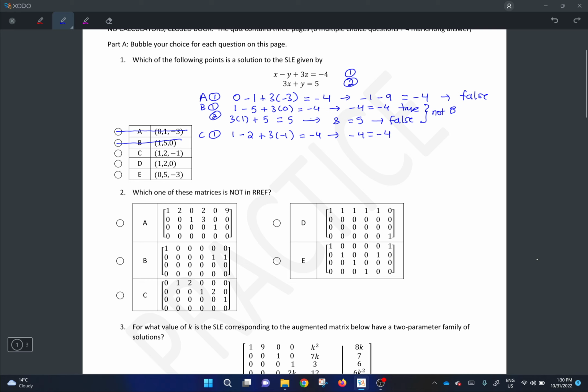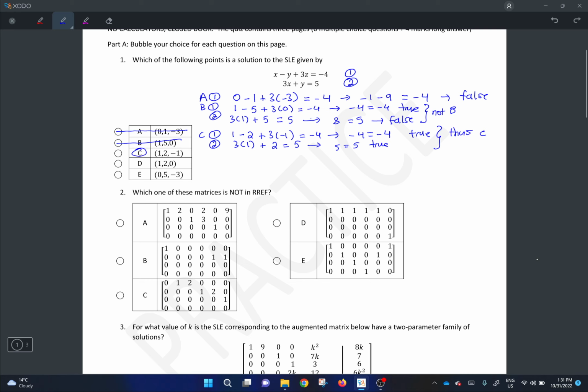That's true. But we have to check equation 2. So 3 times 1 plus 2 equals 5. 5 is equal to 5. True. So they're both true. Thus, option C.